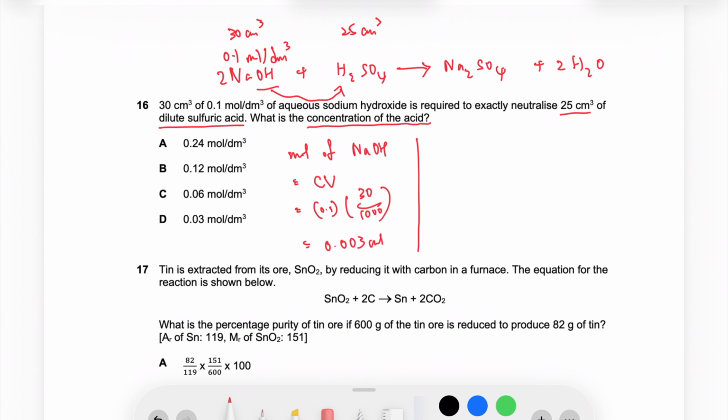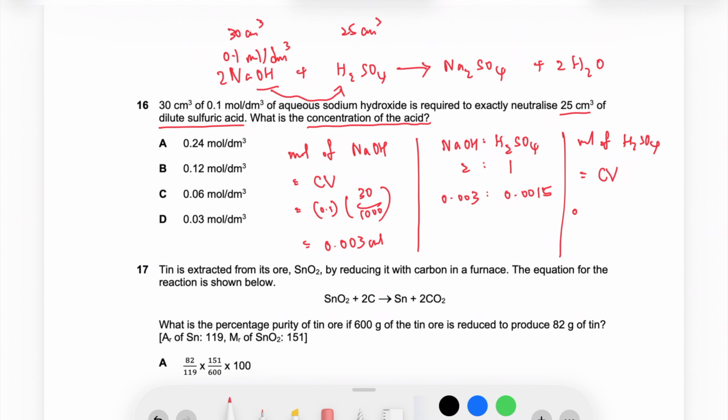Then you can do your step 2, which is your mole ratio of sodium hydroxide to sulfuric acid, 2:1. So if this is 0.003, here will be 0.0015. Okay, then the last step is a mole of H2SO4 equals to CV.